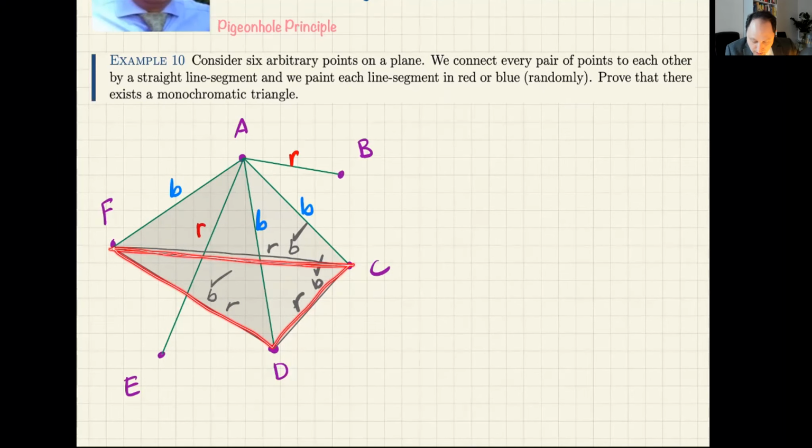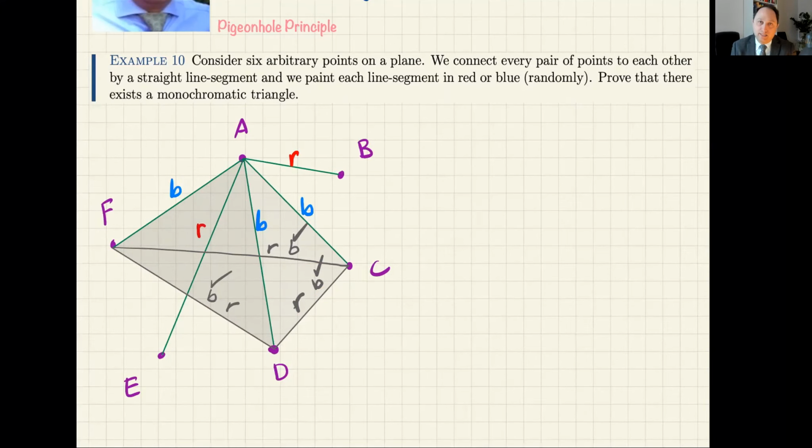If one of these legs is blue, then that leg with these 2 legs gives me the monochromatic triangle. If none of these are blue, it means that all of them are red. Then this one itself becomes the monochromatic triangle. So in either case, it is guaranteed that I will have at least one monochromatic triangle.